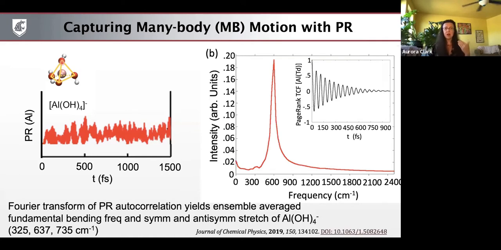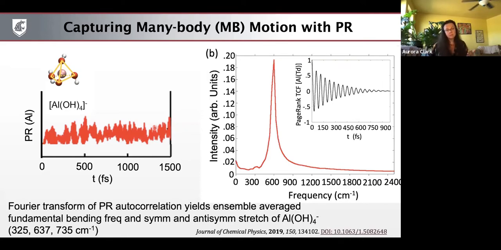And so if I monitor the PageRank of the aluminum based upon a network that has the connectivity patterns between the OH groups as well as with the aluminum, so it's this nice small network, I can look at the oscillations in PageRank, and I can calculate its autocorrelation function, which is just the self correlation function. So how does PageRank correlate with itself, right?